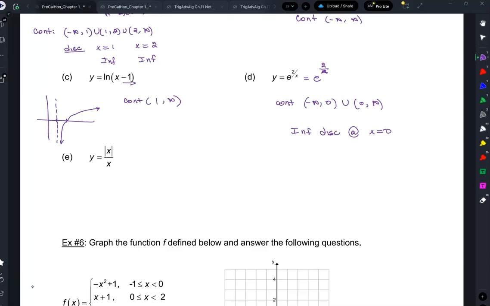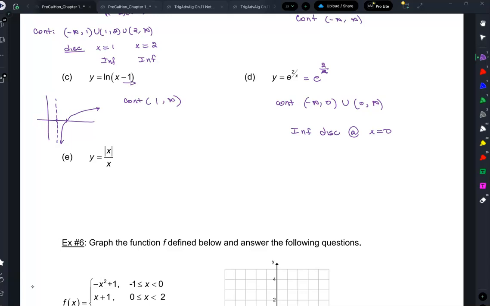But it's not a vertical asymptote. Thank you for raising your hand. It is a vertical asymptote. Infinite discontinuity means vertical asymptote, right? Look, as x approaches 0, 2 over x will be infinity. E to the infinity is even bigger than infinity, right?